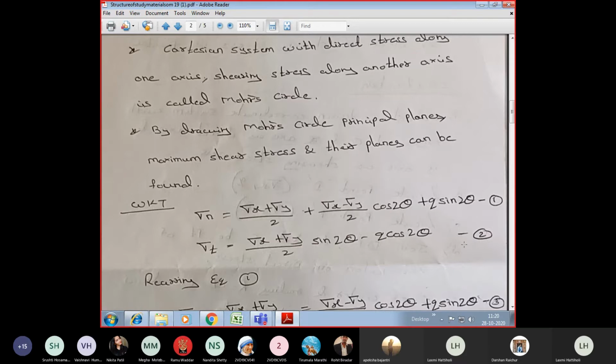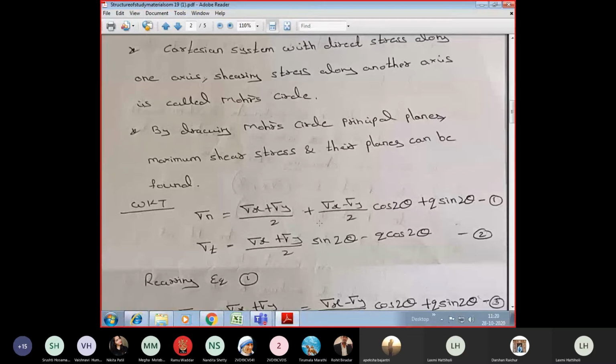Equation 2 is tangential stress. By using these two formulas, we have derived all the further equations, right? Hope you remember that. Now I will tell you how, by using these formulas, I came to know that the principal plane and principal stress can be found out by the graphical method as well.